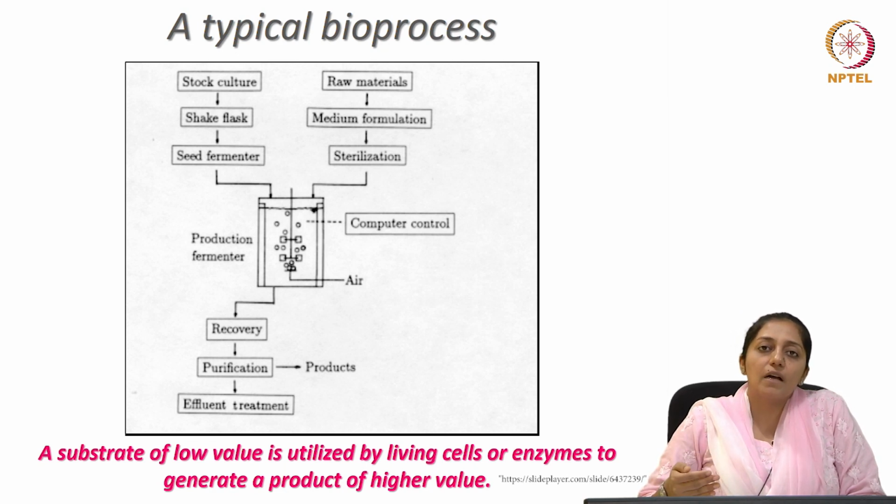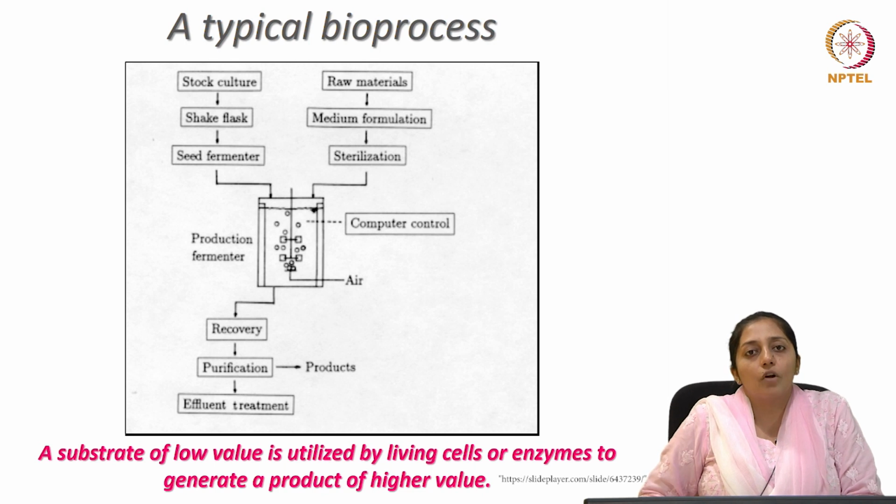From the shake flask, you prepare the inoculum, called the starter culture for the production scale. This is called the seed fermenter. This is a small size reactor where you mass multiply the starter culture to bring it to a stage where it is ready to be inoculated in the production fermenter.